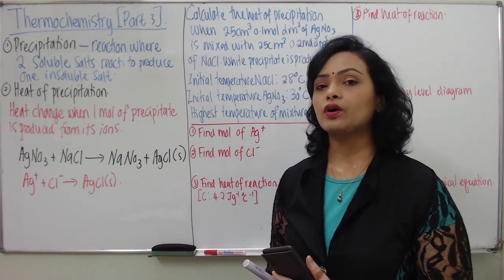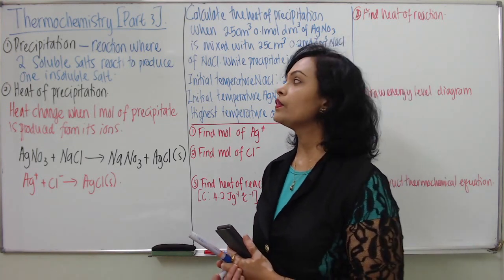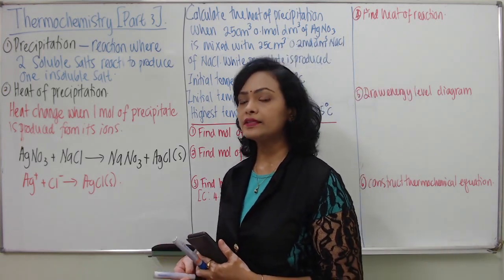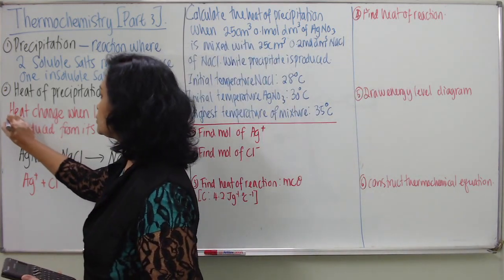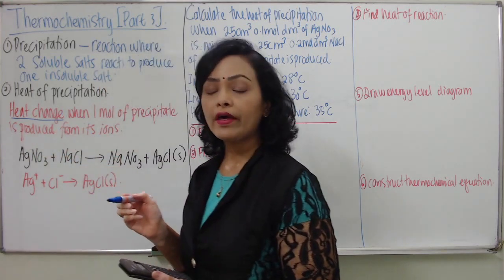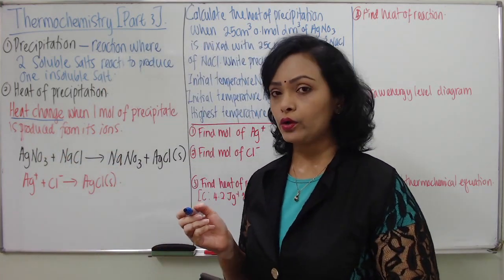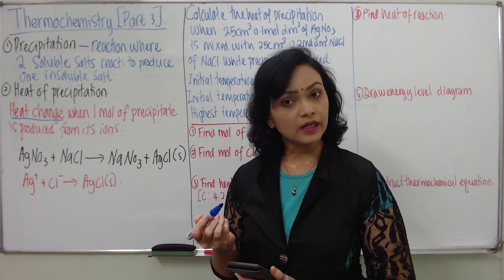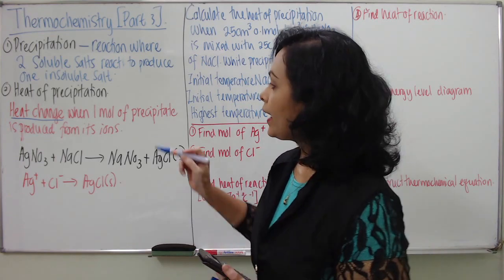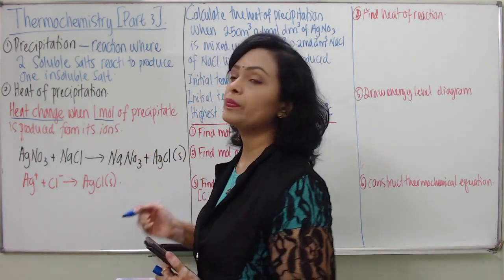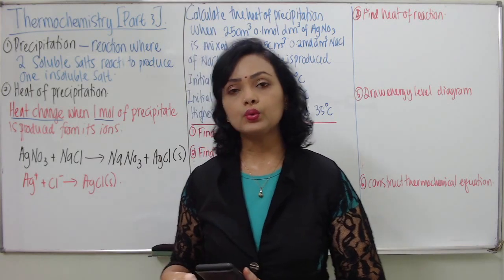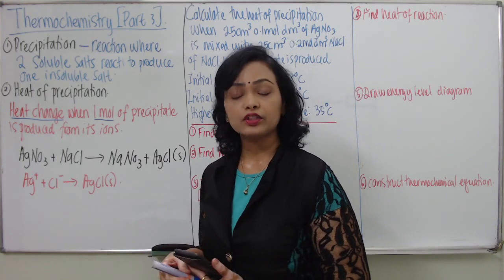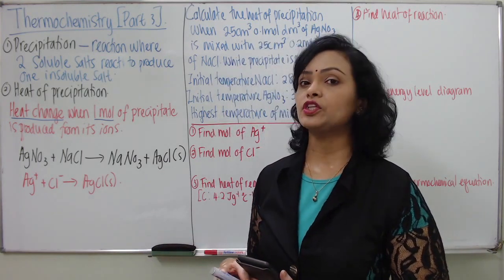So, the terms and concepts that separate precipitation from heat of precipitation are this word heat change, whether it is going to be exothermic or endothermic, whether heat is going to be released or absorbed from the surrounding, and the term 1 mole of precipitate. So these are the two key words which will differ when we are explaining heat of precipitation.